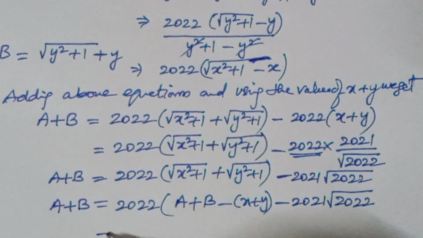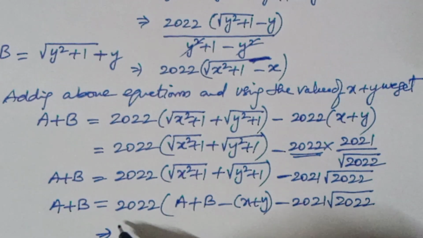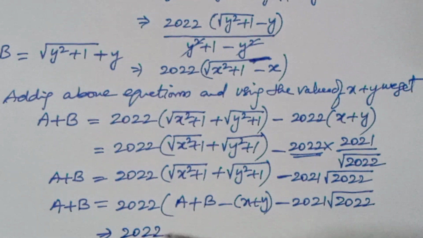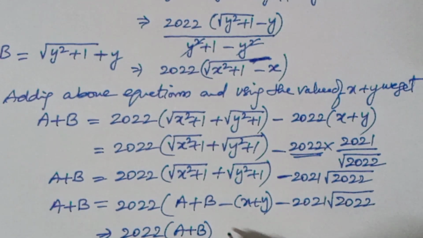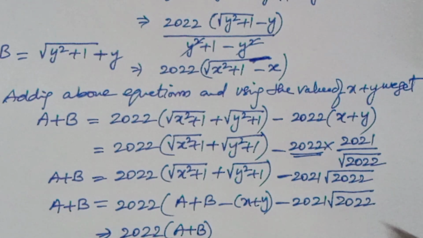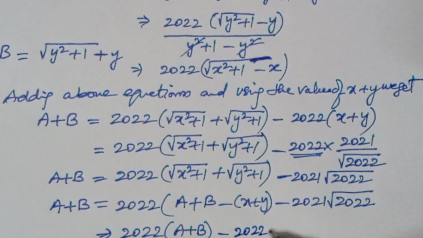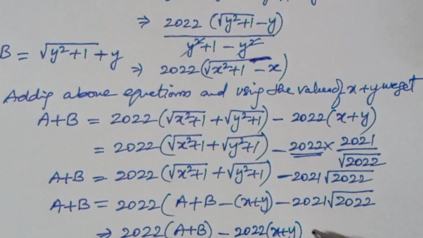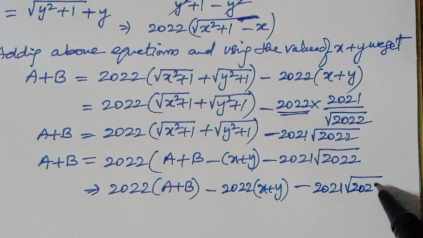So this can be written as 2021 (a + b) you can take this side: 2022 (a + b) minus 2022 (x + y) minus 2021 root of 2022.